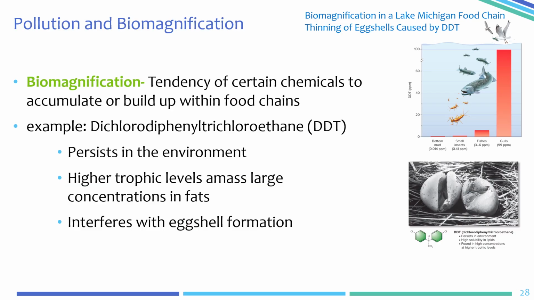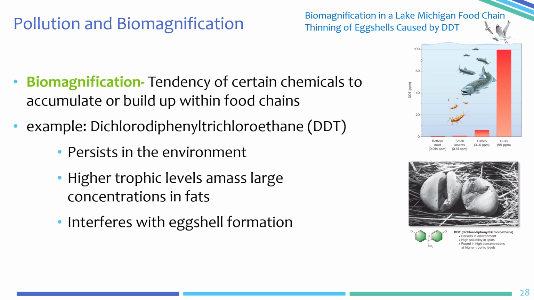Biomagnification is the accumulation of chemicals within a food chain. So basically what happens is that the primary consumers eat something, or really any level, but at some level in the environment, the primary consumers consume a toxin and then it gets passed up to the next level consumers and so on.